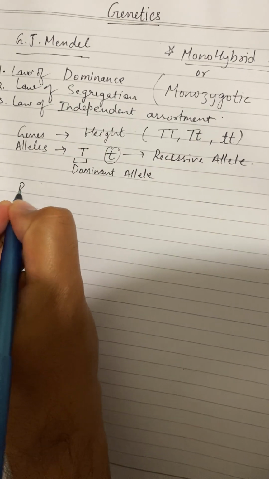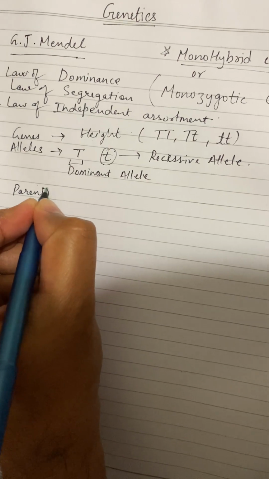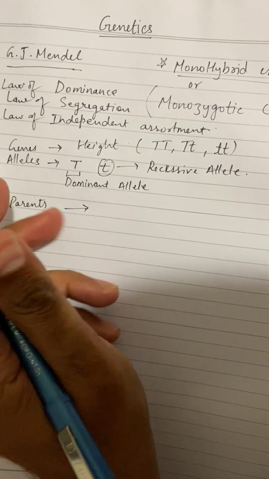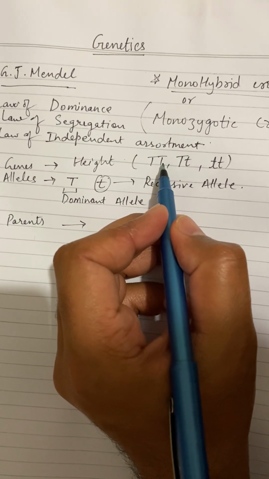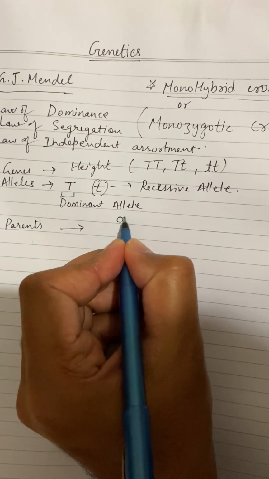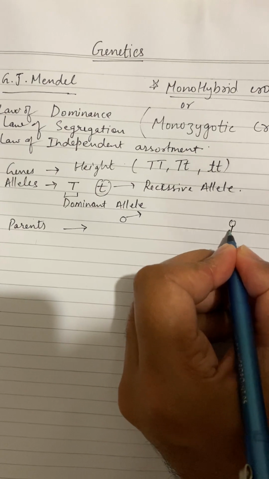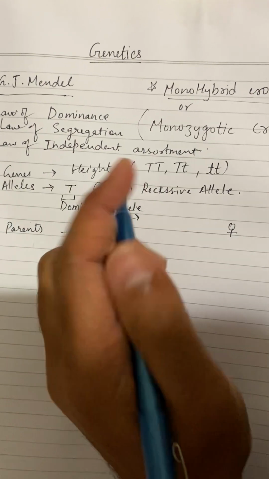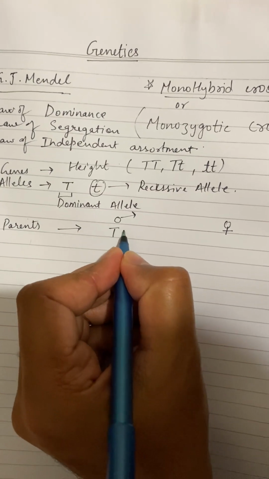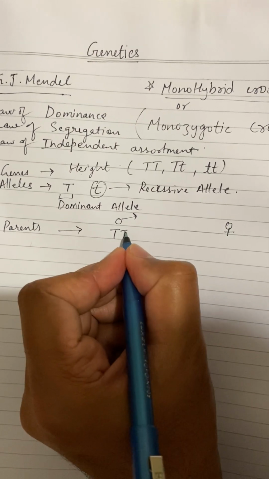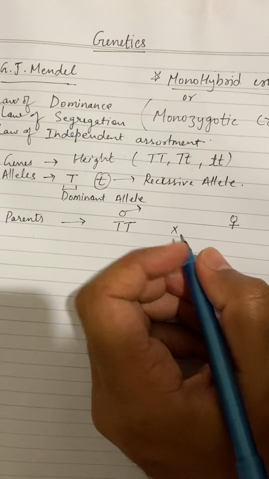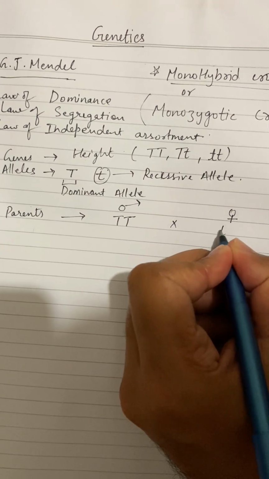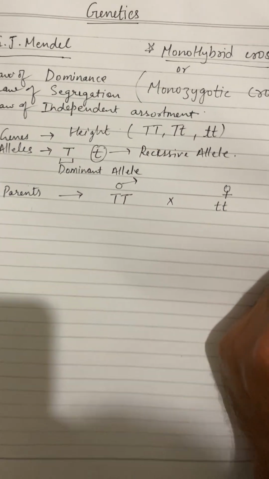So let's make a cross. First of all, we need parents. Suppose I want to make a cross between two parents, male and female. I'm selecting capital T capital T as my male parent, and I'm crossing it with small t small t.